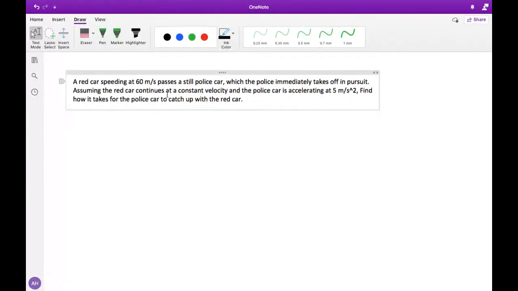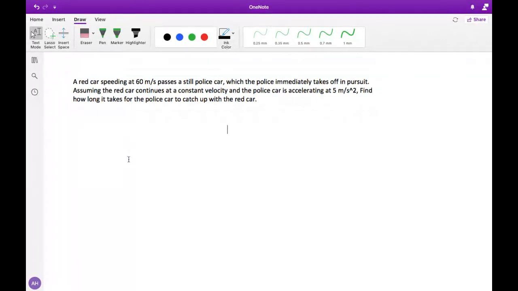Assuming the red car continues at a constant velocity and the police car is accelerating at 5 meters per second squared, find how long it takes for the police car to catch up with the red car.